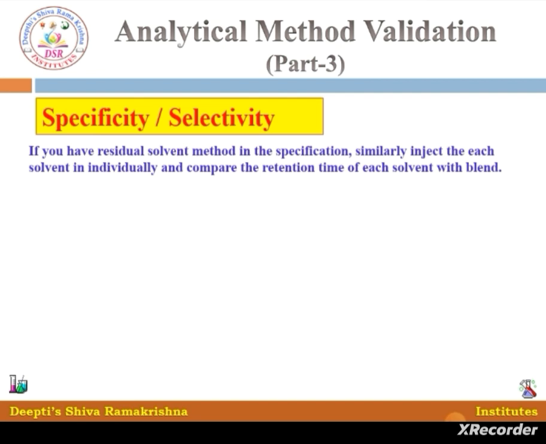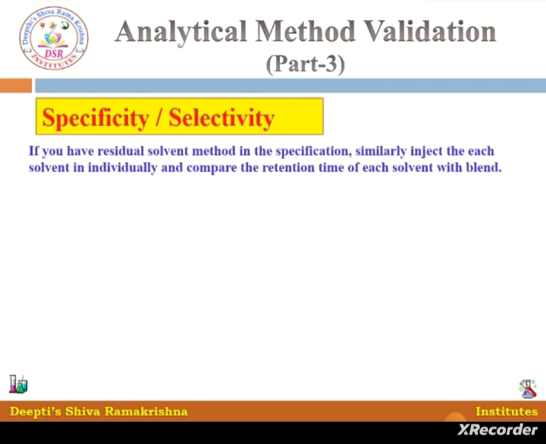Monographs will not mention residual solvents, because each company has a different route of synthesis for different compounds. Based on their routes they have to perform their residual solvents analysis. Hence the monograph does not contain a residual solvents method anywhere.